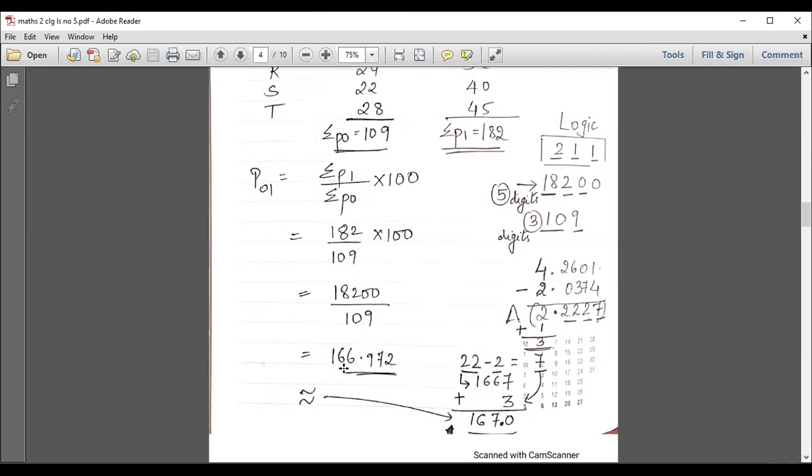I just want to tell you all something. Once the lockdown is over and the stationery shops are open, you can go and purchase the logbook. In your board exams also you'll be getting the logbooks, so it will be much easier to do the division by the log method. The second option is the normal division method, which you can also follow, but that will take a lot of time.